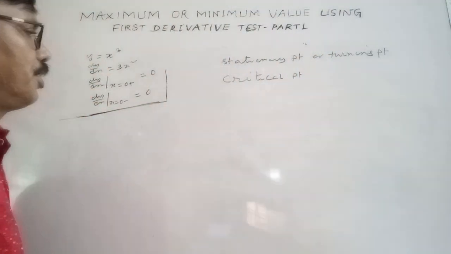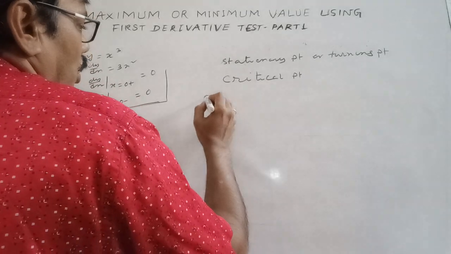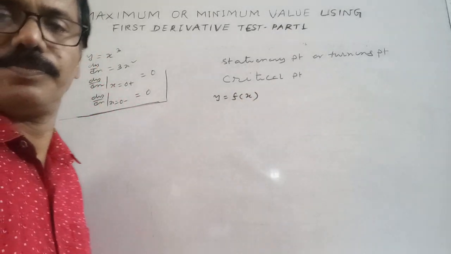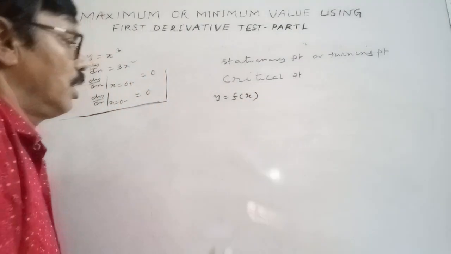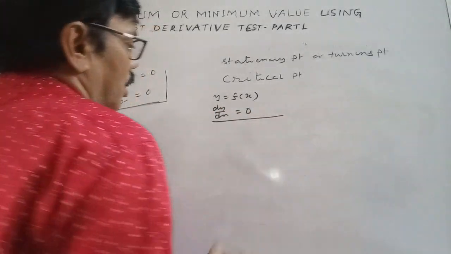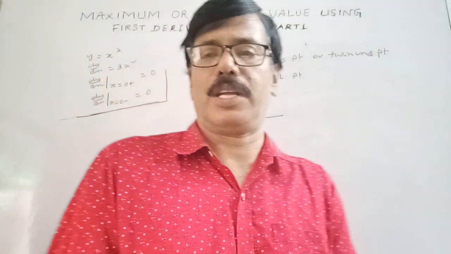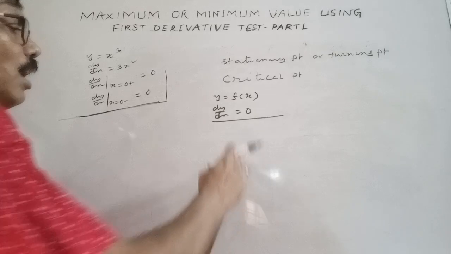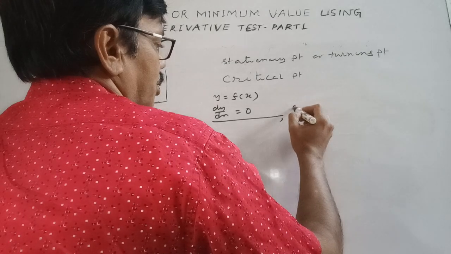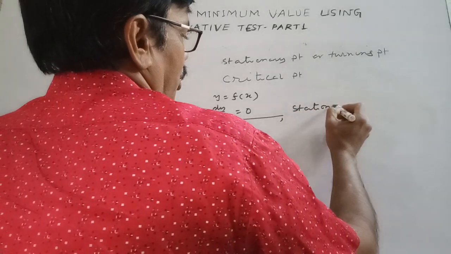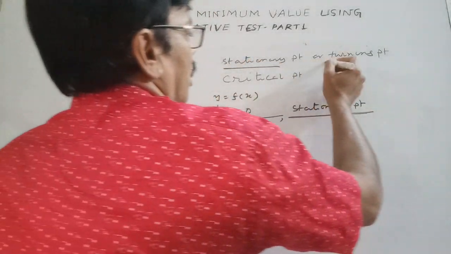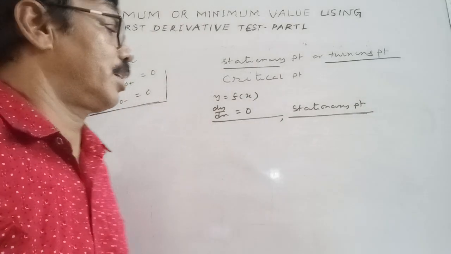Now, the necessary condition: if y equals to f of x is a function, then dy by dx equals to 0. By putting dy by dx equals to 0, we are getting values of x. So the values are called stationary points. Making first derivative 0, we are getting stationary point or turning point.